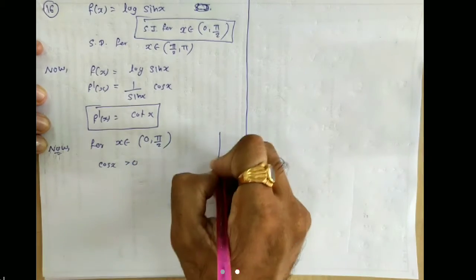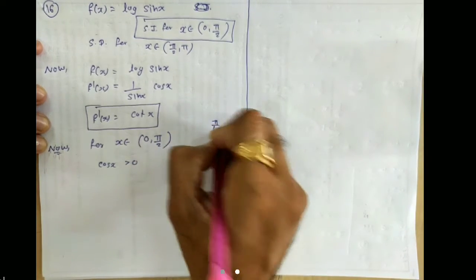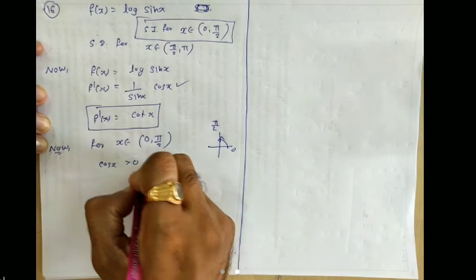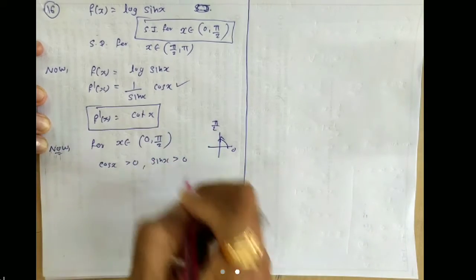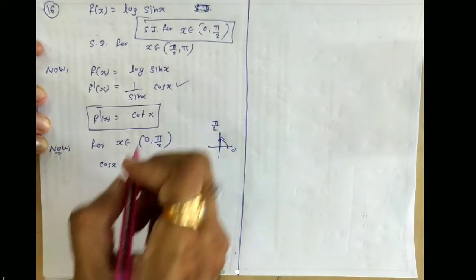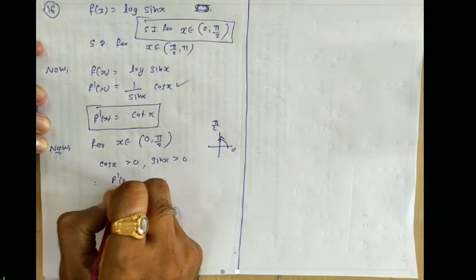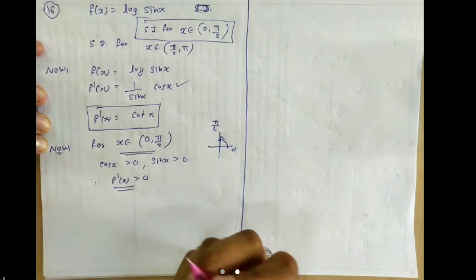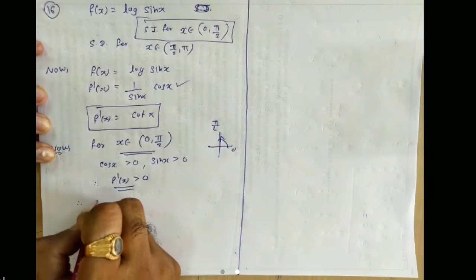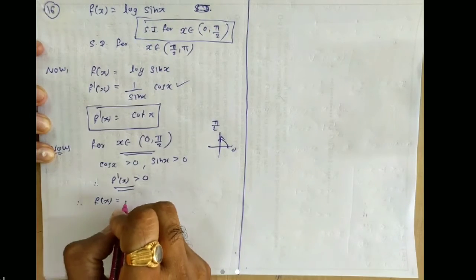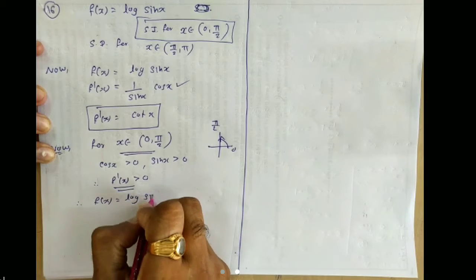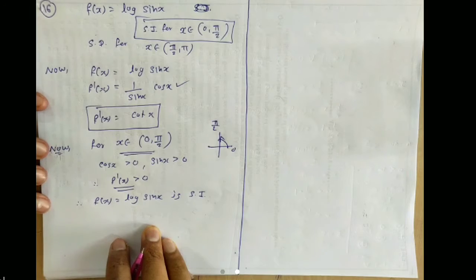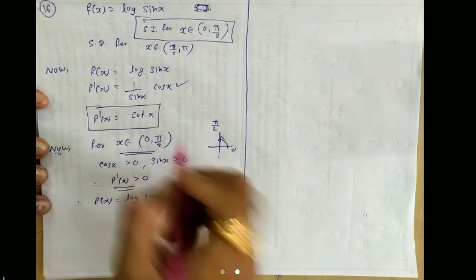For the first interval cos x will be positive and sin x is also positive, greater than 0, so numerator and denominator both are positive, so f dash x is greater than 0. For that we can say that f of x equal to log sin x is strictly increasing for x belongs to 0 to pi by 2.